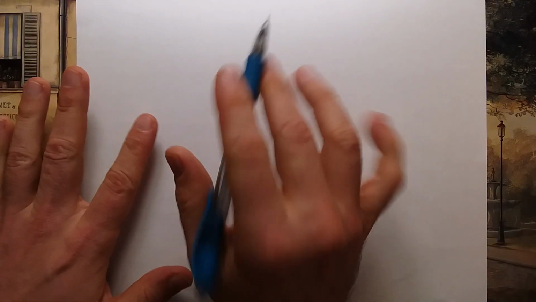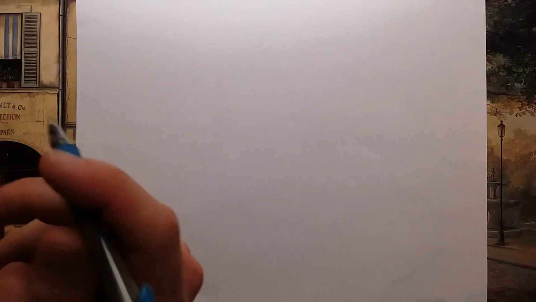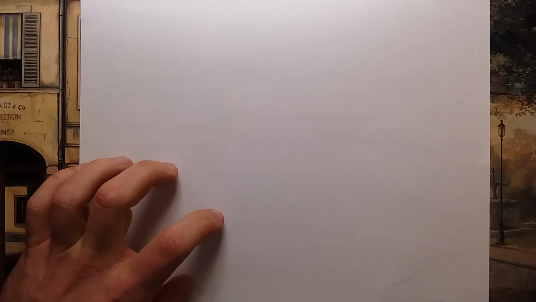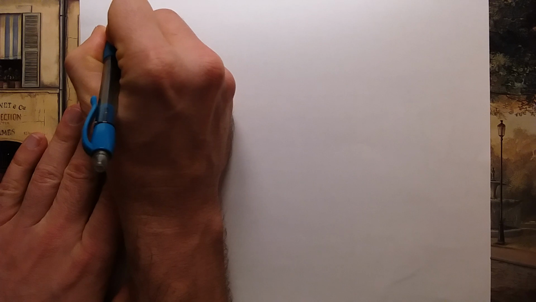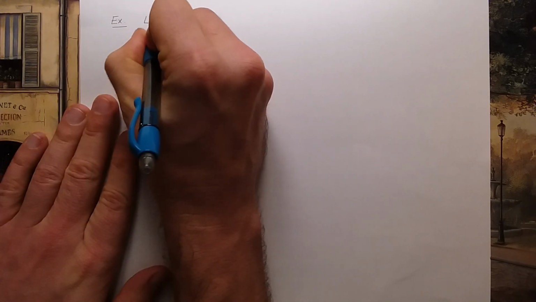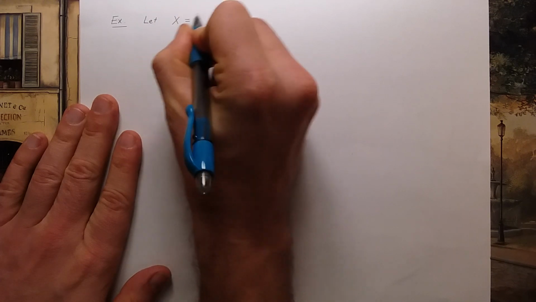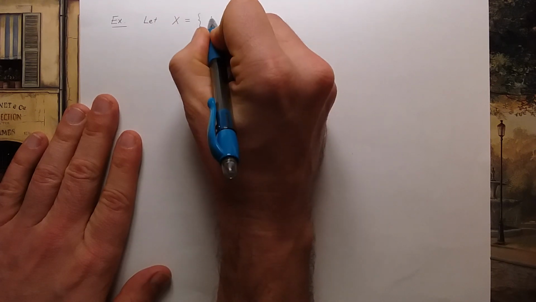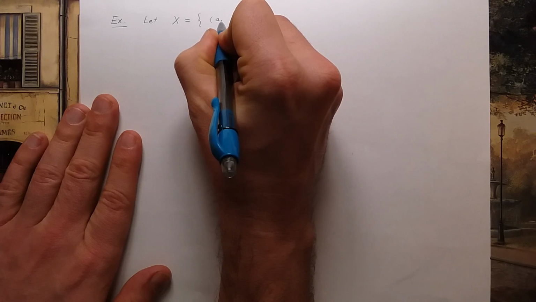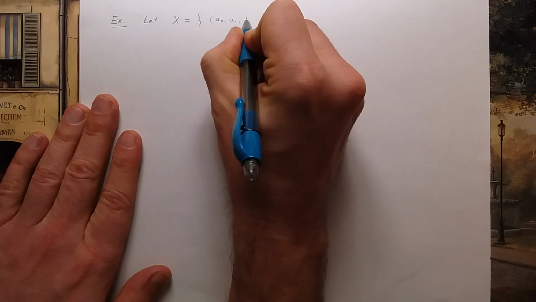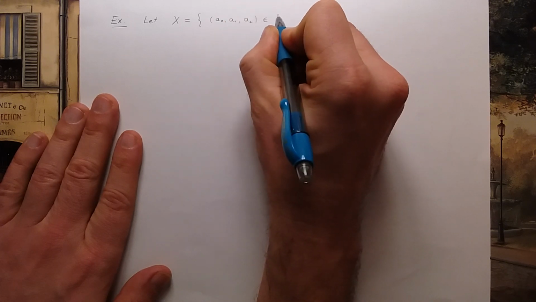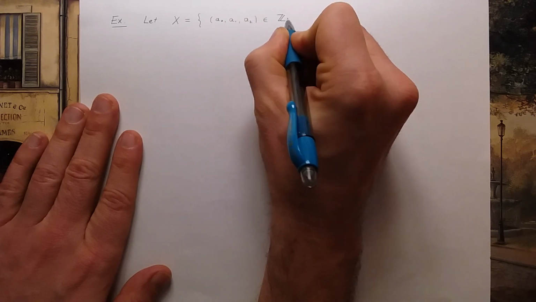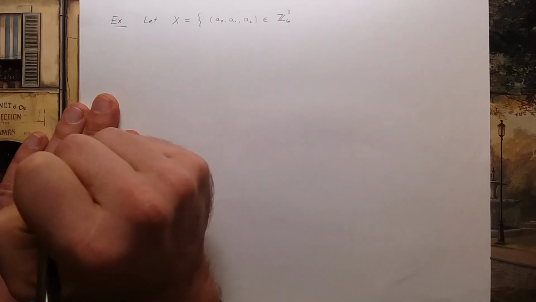We're going to begin the course with an example of where we left off in Abstract Algebra 1. I'd like to do an example of another group action. So let X be the following set. I want to look at triples A0, A1, and A2, in Z6.